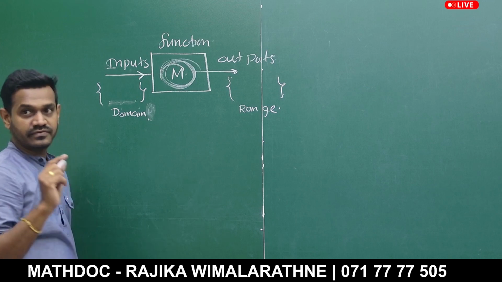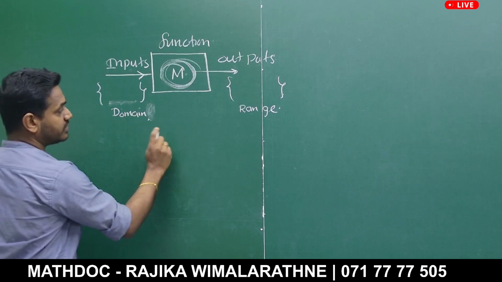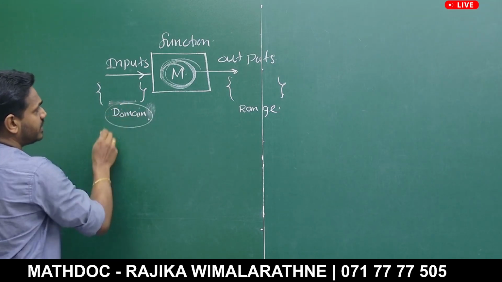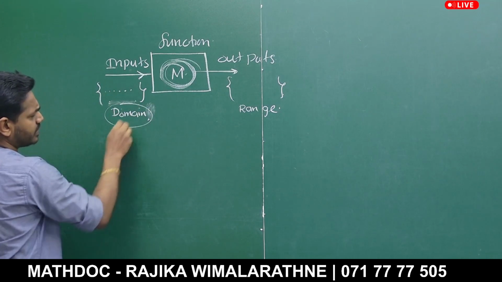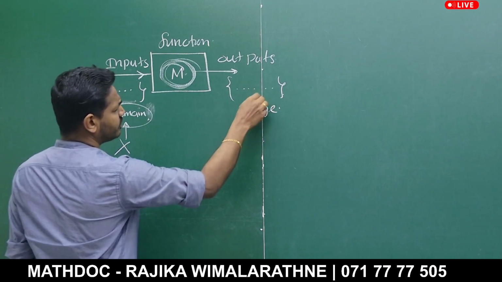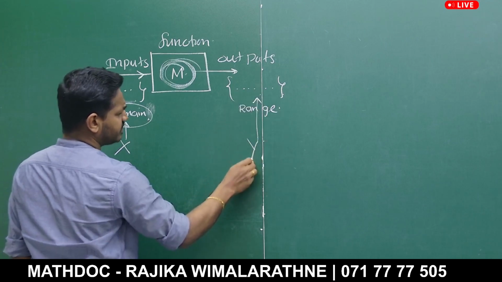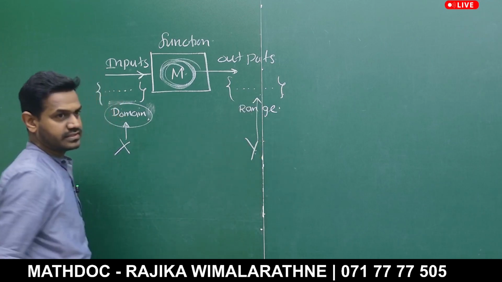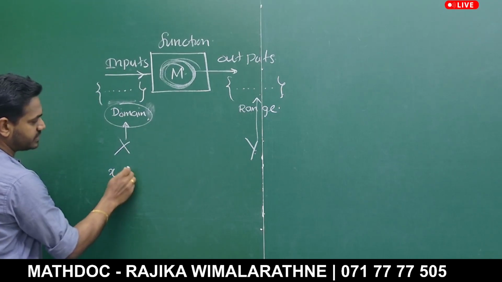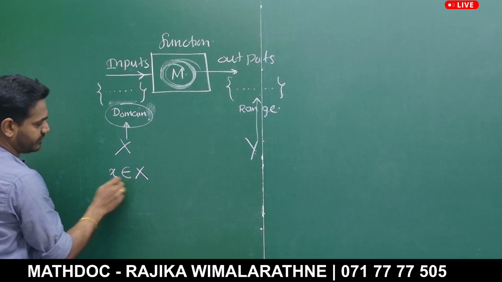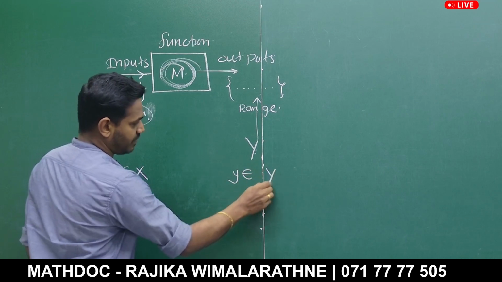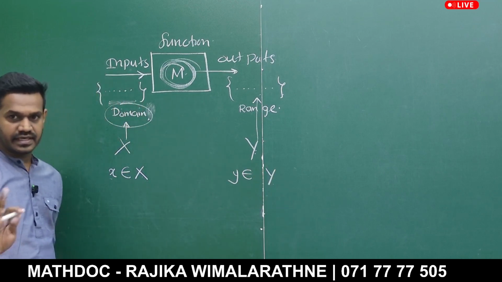In mathematics, we denote this by functional notation, and there are some properties of functions. Here the domain has some elements, and that set we usually call capital X. The range has some outputs, and that set we call Y. In domain X we have a variable, simple x, inside capital X, and a simple y variable inside capital Y. This is the general idea of a function.